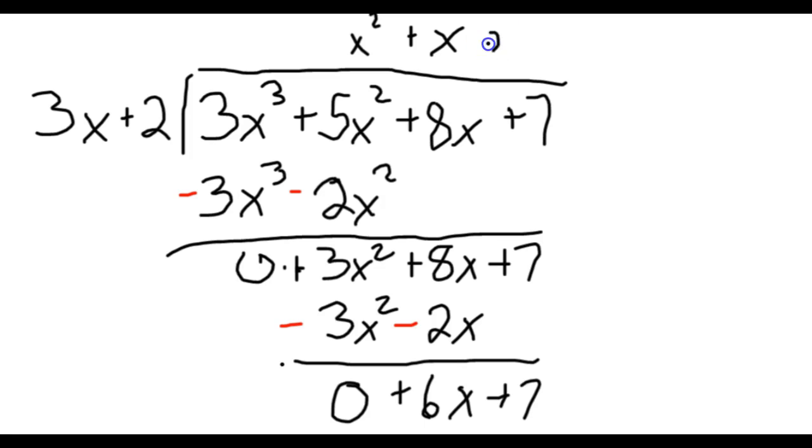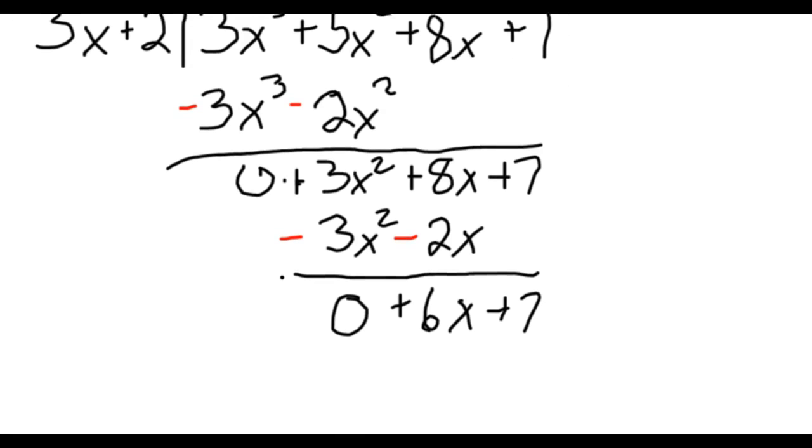So we have plus 2 at the end. Repeat that same process. 2 times 3x is 6x, and 2 times 2 is 4, and we're subtracting those values.